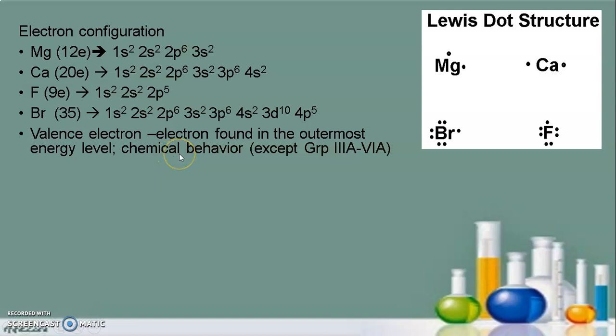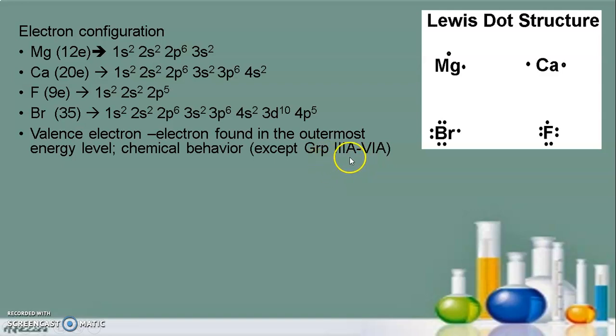Usually, the elements found in the same group have similarities in terms of chemical behavior, with the exemptions of group 3A and group 6A.